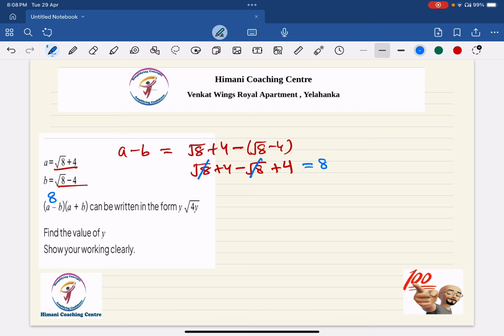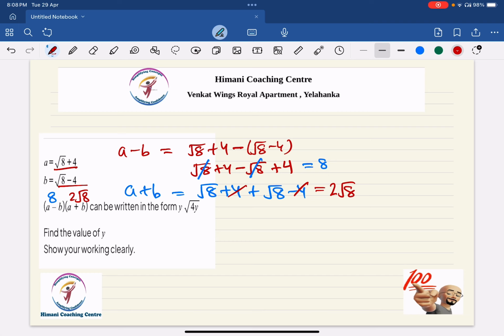So this is 8. Now to get a plus b, we will do what? Root 8 plus 4 plus root 8 minus 4. Now what will happen? Minus 4 plus 4 cut each other and we get 2 times root 8. So a plus b gave us 2 root 8. Okay.